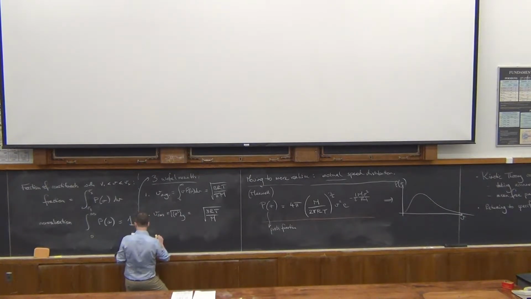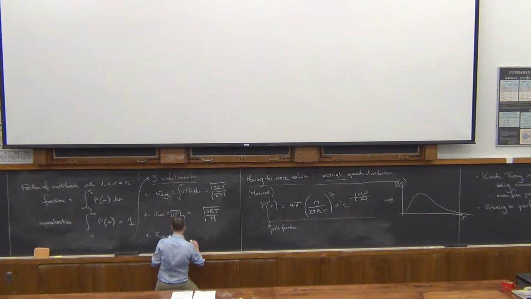And then lastly, the most probable speed, which is called the mode in old language. Most probable speed, again no derivation, is the square root of 2RT over M.